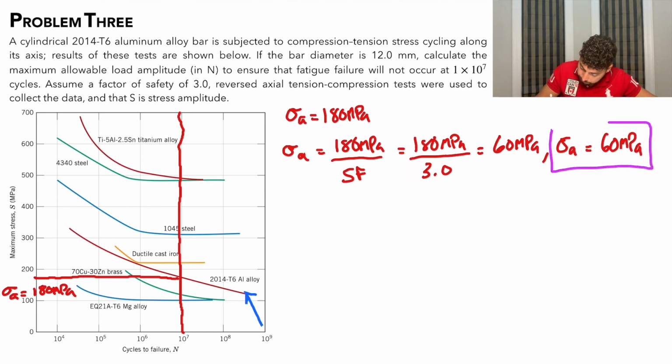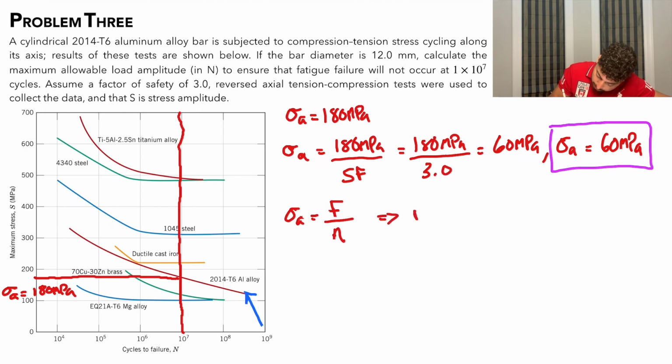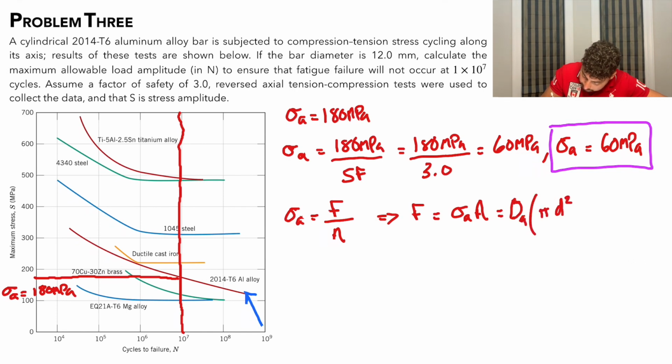So that's the first thing we need to do in solving this problem. Now, with that, we can calculate our force, because our simple stress equation is equal to force over area. So rearranging, we get our force is equal to our stress amplitude times our area, and that's just going to be equal to our stress amplitude times pi d squared over 4.